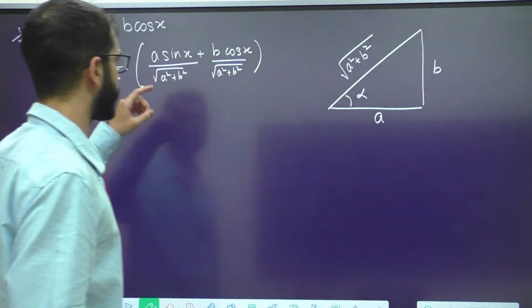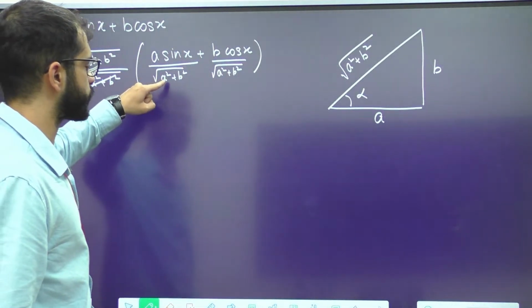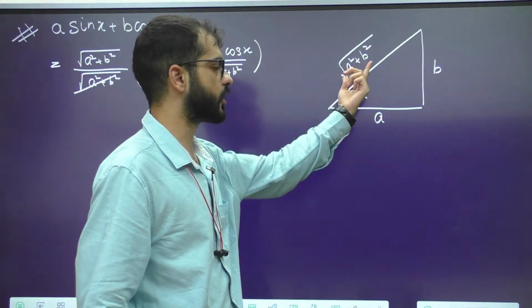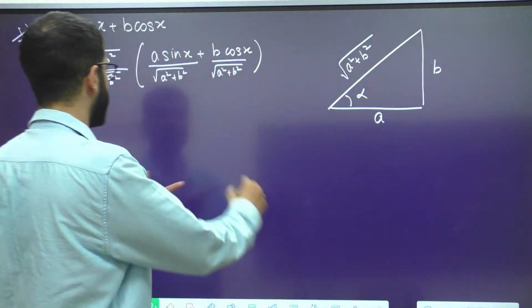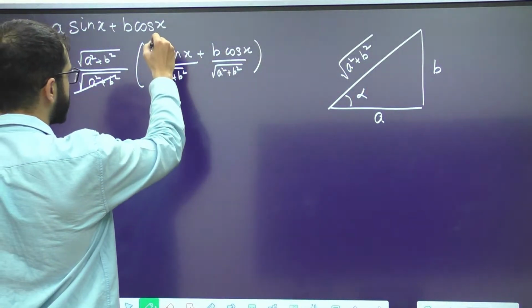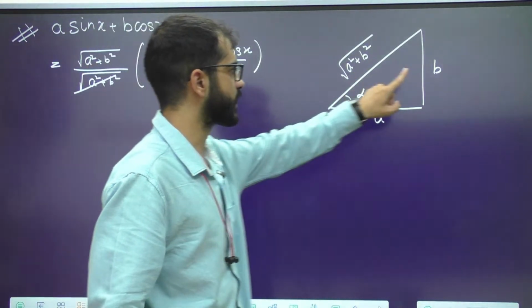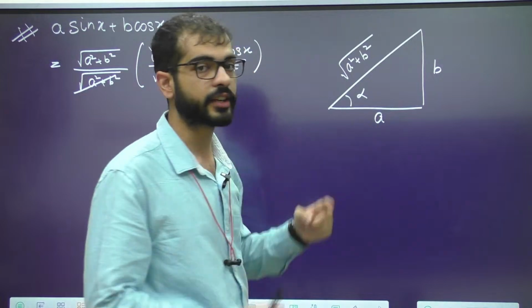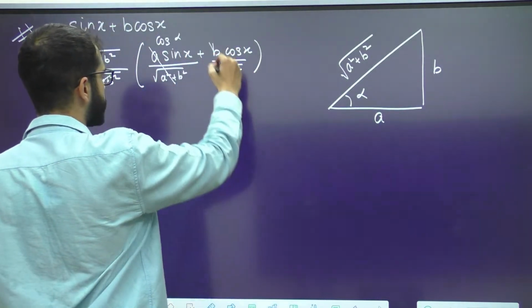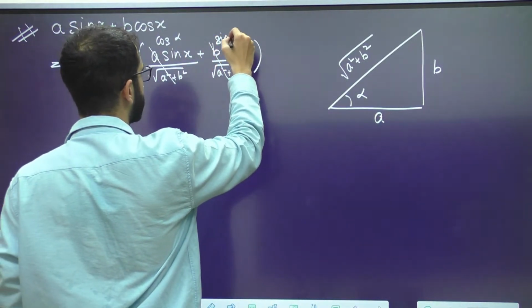Now let's observe over here, a upon under root a square plus b square, that is base upon hypotenuse, that is cos alpha. So I'm going to substitute this term with cos alpha. Then let's observe b upon under root term, that is perpendicular upon hypotenuse, that will be sin alpha. So this will be replaced with sin of alpha.